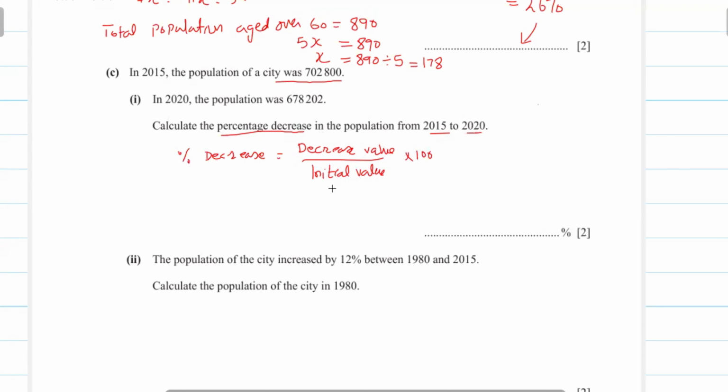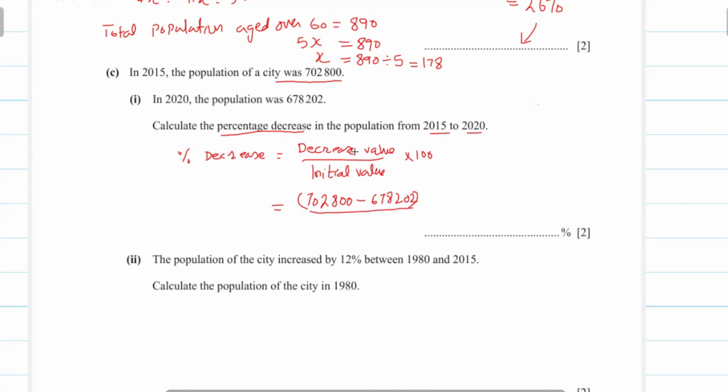The decrease value we can find by taking the difference: the population of 2015, which was 7,02,800, minus the population of 2020, which was 6,78,202.